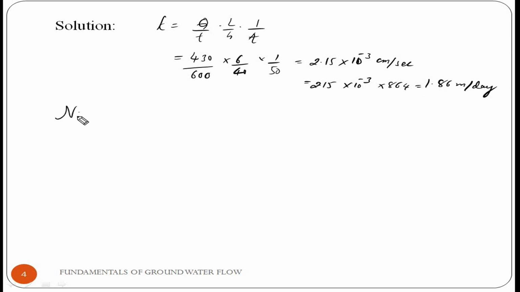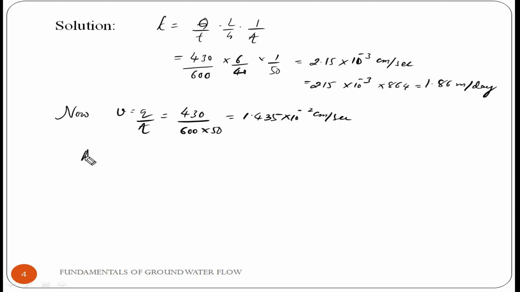So now V is equal to Q by A. Q, that is 430, divided by 600 into 50. So 1.35 into 10 to the power of minus 2 centimeter per second. It is the velocity.